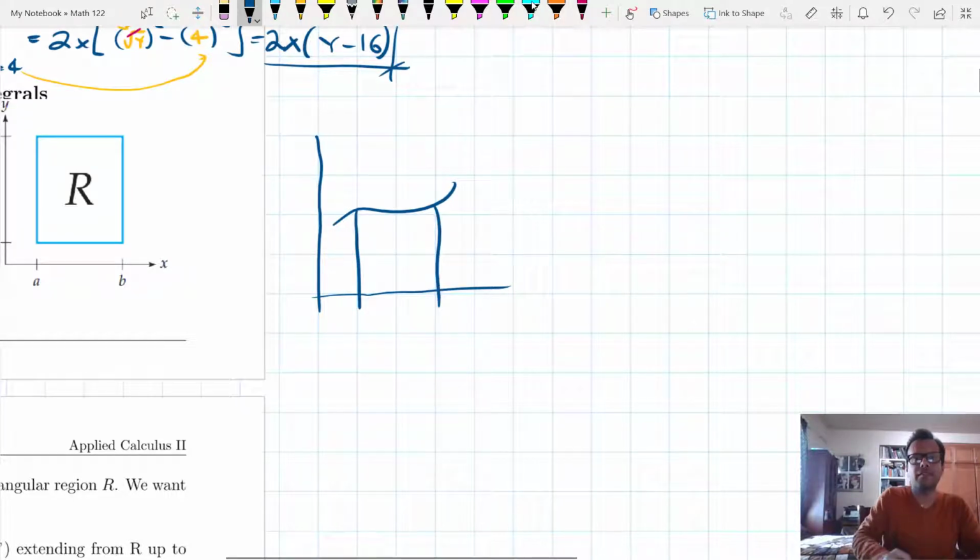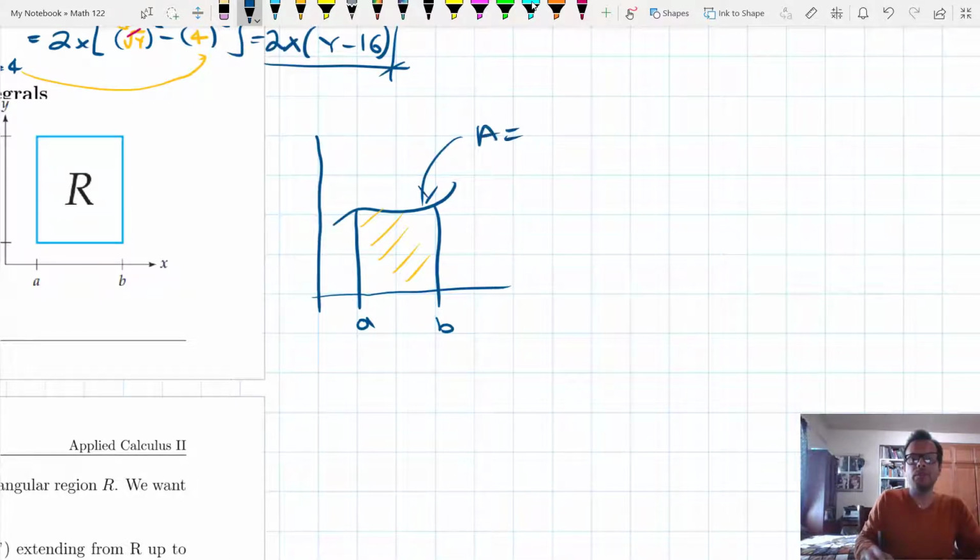We want to find the area contained from the points A to B. The integral will give us the area, which will be the integral from A to B of the given function f of x dx.